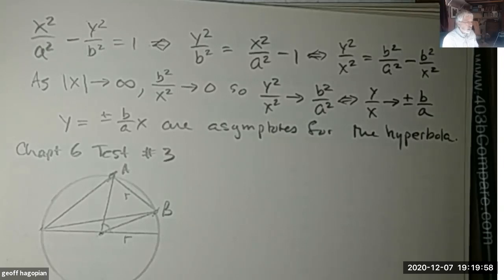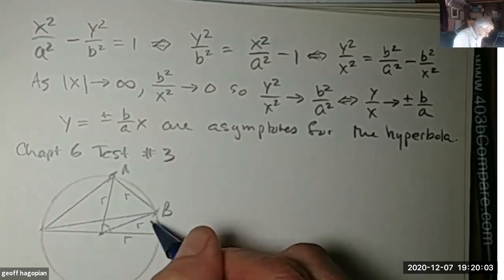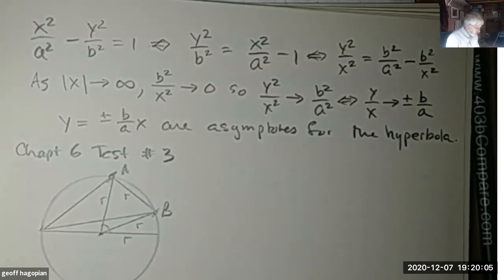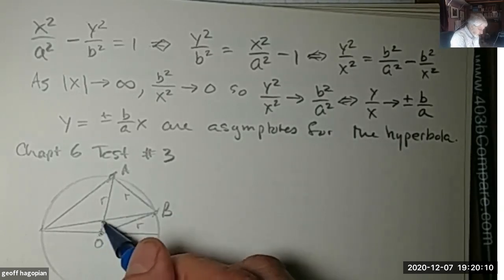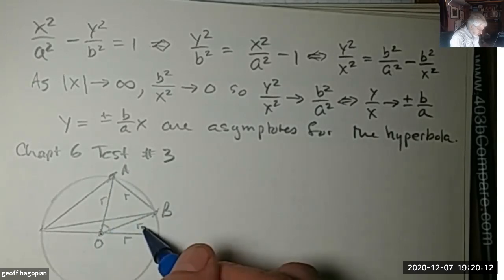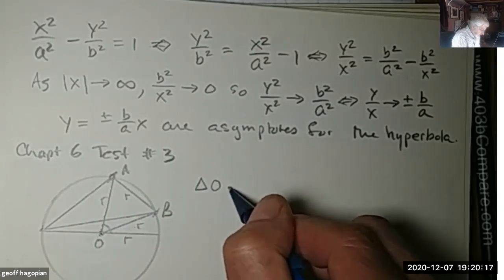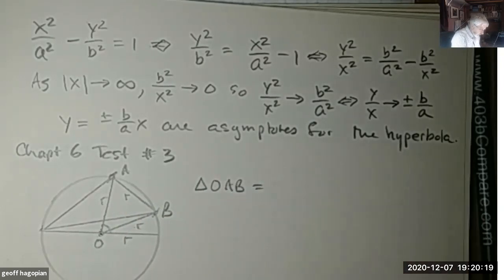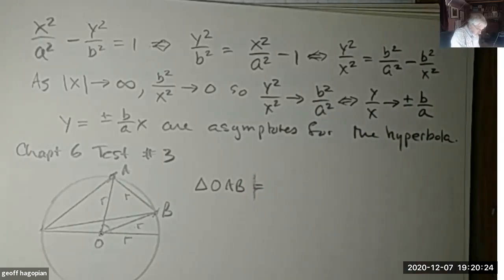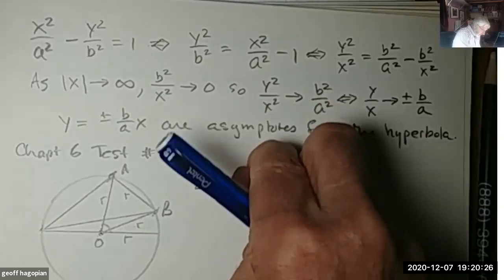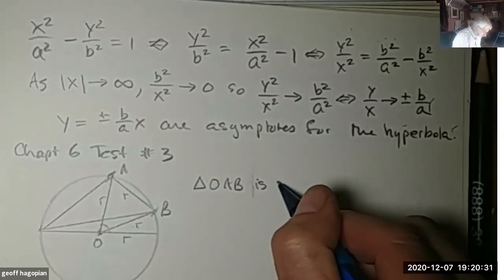Huh, okay, so this is an equilateral triangle. So here's the center of the circle, right? The distance from the center to a point on the circle is the radius. So every side of this triangle, OAB, is equal. So this is equilateral, right?